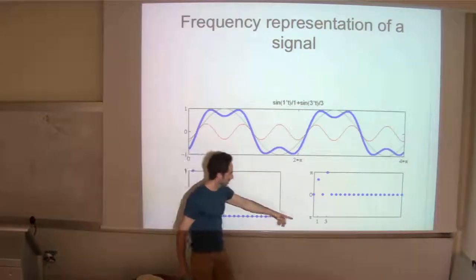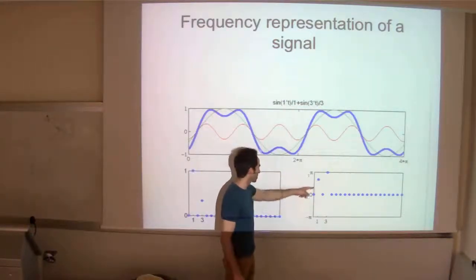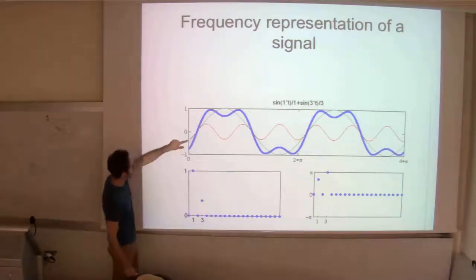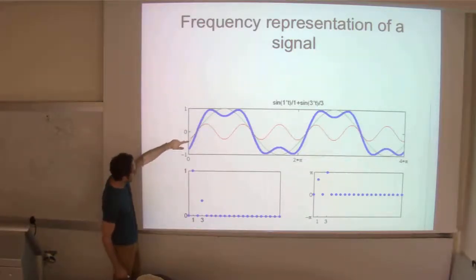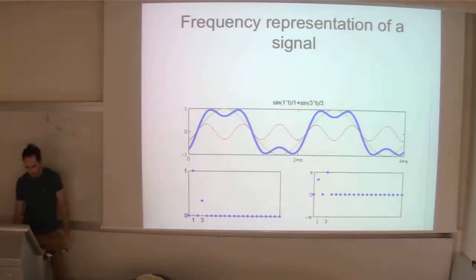In the phase panel, we can see that frequency number 3 started in a different phase. And when we added both signals, we get the blue line. This is an example of how to read the frequency panel and also the phase panel.